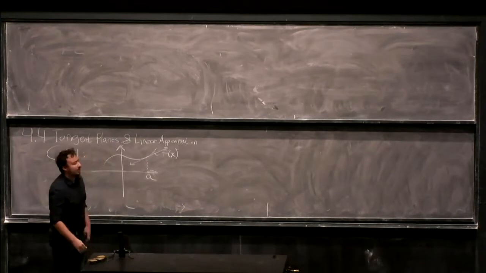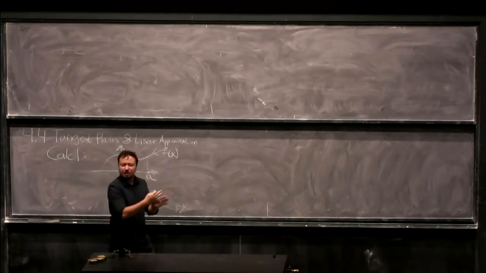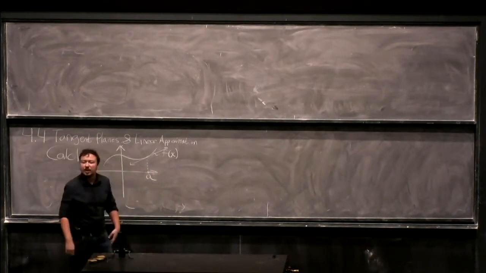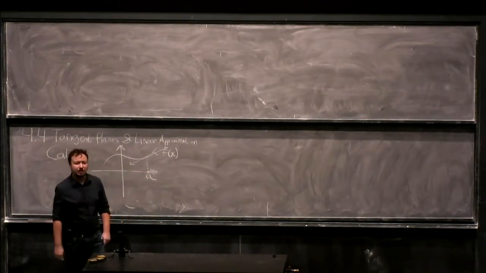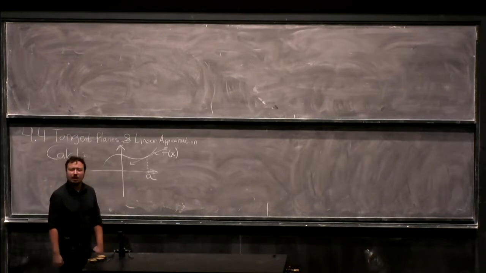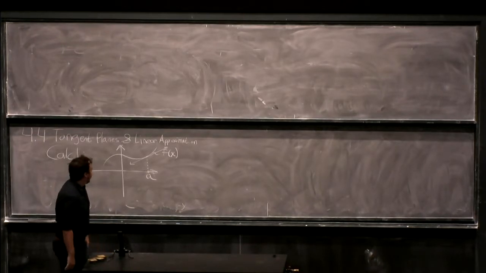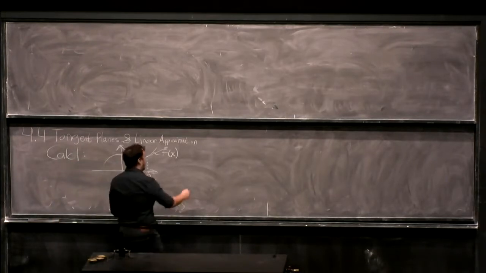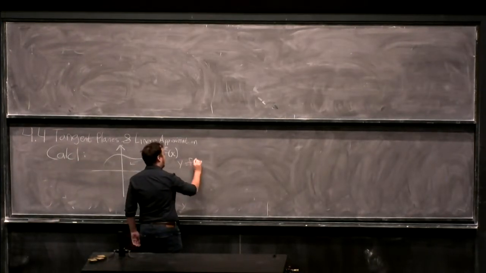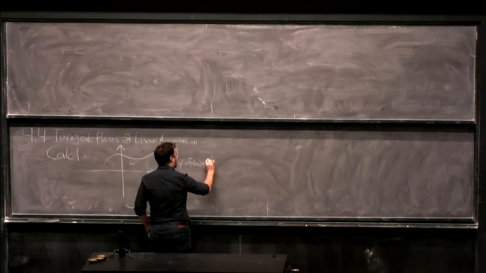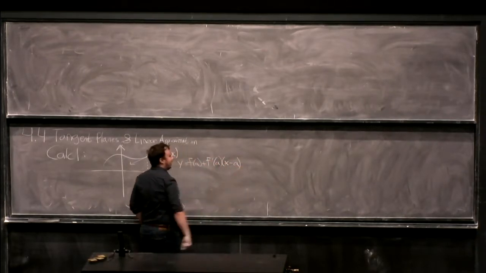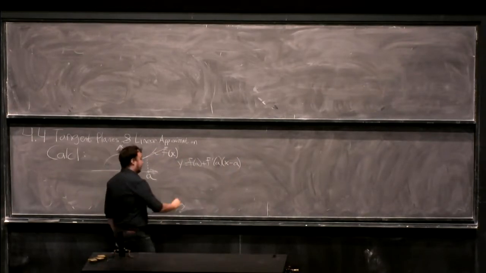A tangent line is a line that just barely touches right where we are on the graph and just continues on its way. It's going in the same direction, loosely speaking, or has the same slope as the graph at that point. And the equation of this tangent line would be y equals f of a plus f prime of a times x minus a. That's the tangent line.